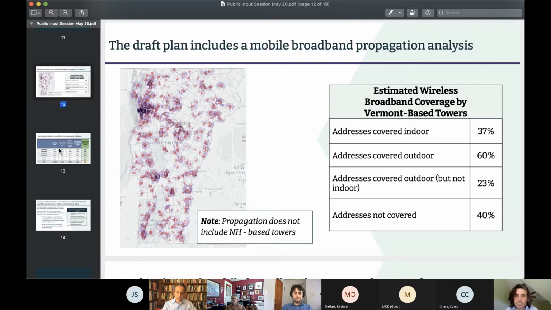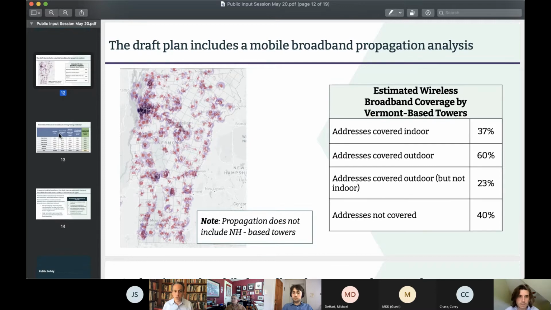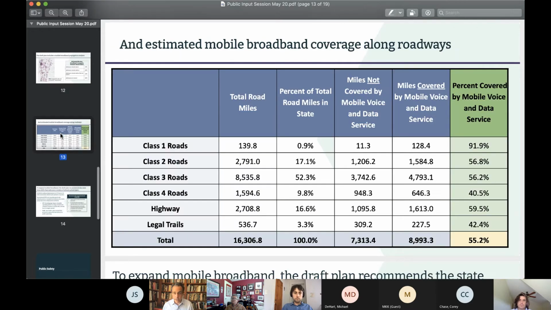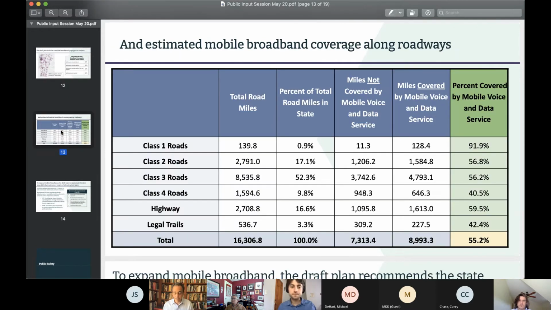So to the extent that we can continue to increase broadband going to homes, it does solve at least the indoor covered challenges, but certainly not the outdoor in the many sections of the state that just have no connectivity. And obviously there are safety as well as convenience challenges to that.